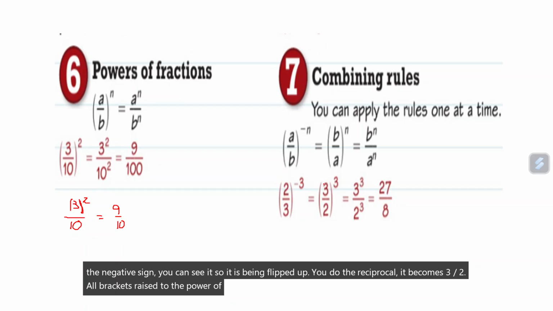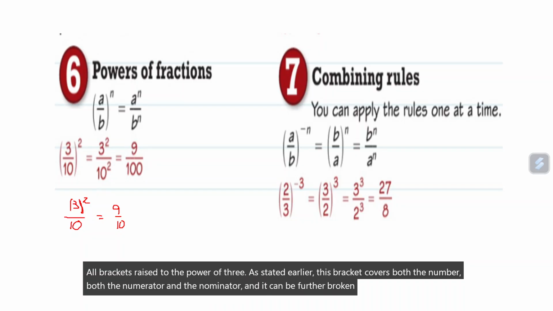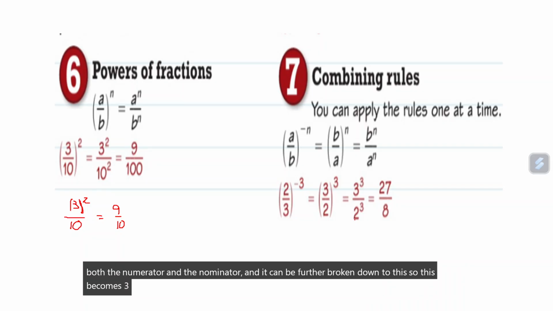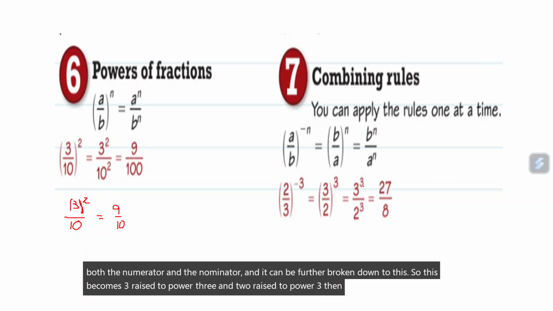As stated earlier, this bracket covers both the numerator and denominator, and it can be further broken down to this. So this becomes 3 raised to the power of 3 and 2 raised to the power of 3. Then once you simplify, this becomes 27 divided by 8.